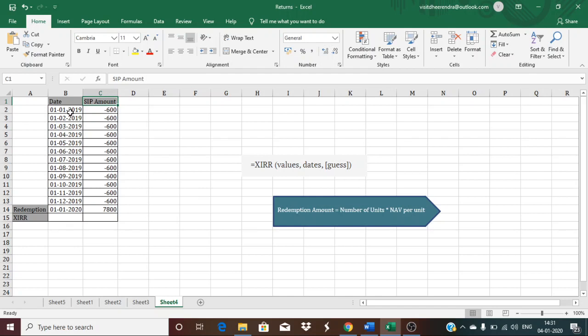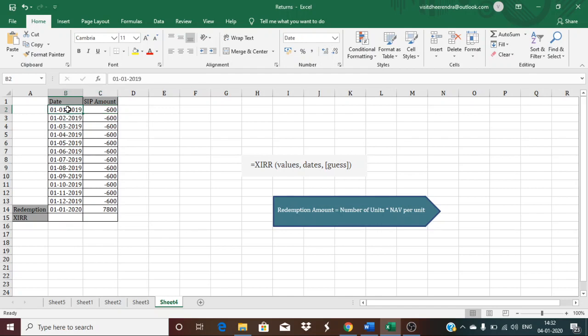On 1st of January I'm making a payment of 600 rupees. This amount is showing with a negative sign, and the reason is this is an outflow. Money is going out of my pocket because I'm making an investment in a fund. That is the reason it is negative.